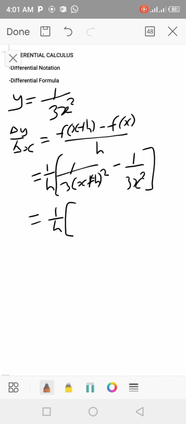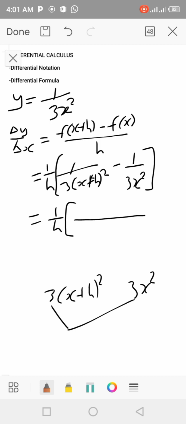Now we'll do fractions. What is the LCM of the denominators, 3 into x plus h squared and 3x squared? The LCM will be: 3 is common, so pick 3, and that's the only thing that's common.